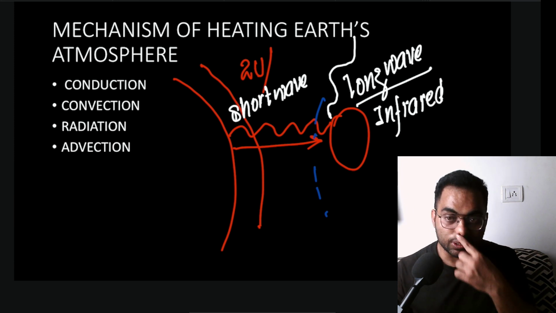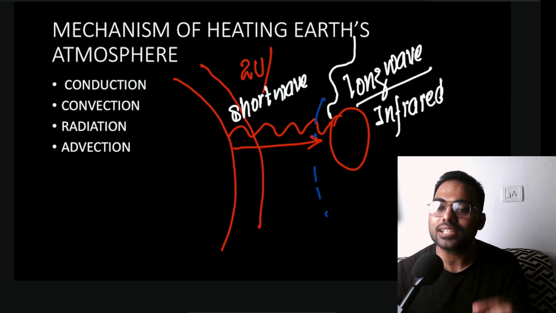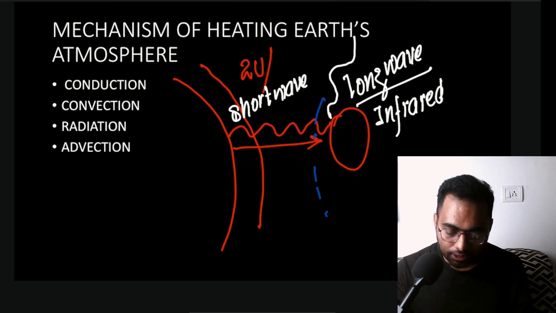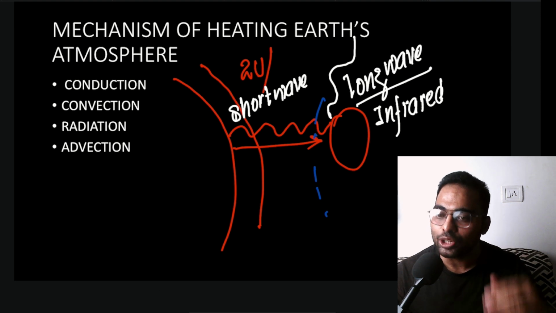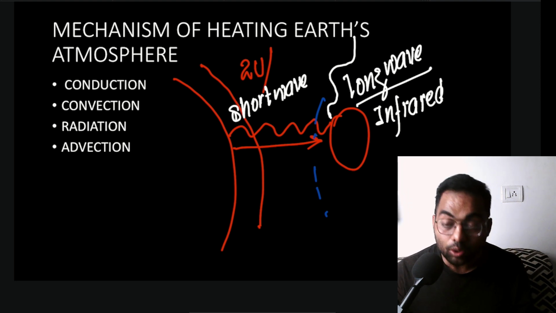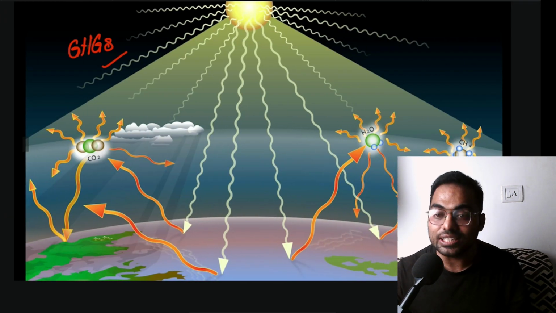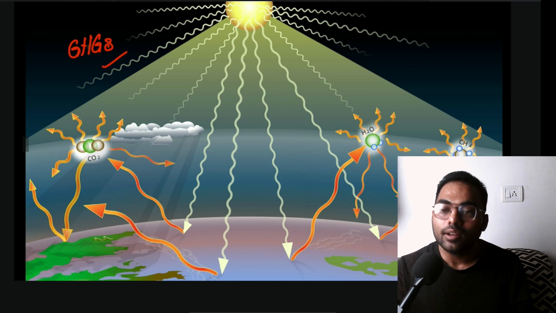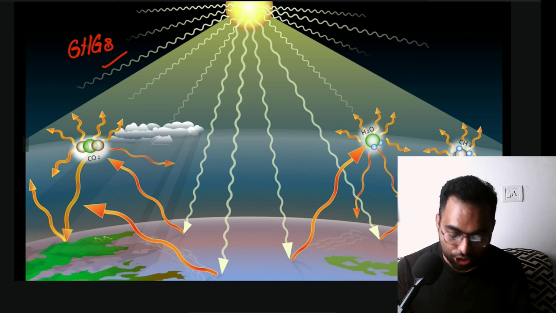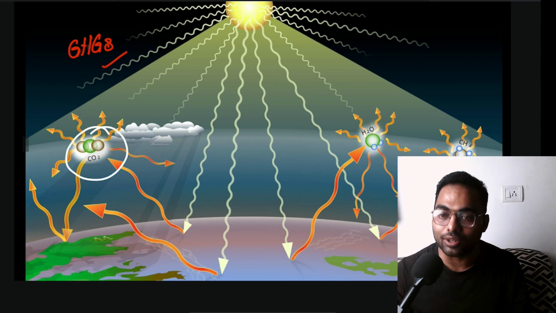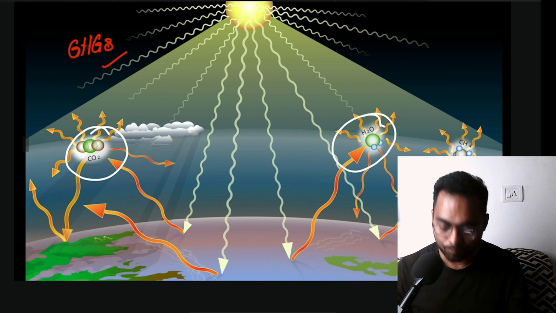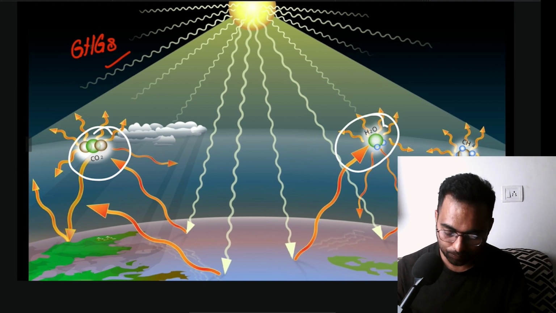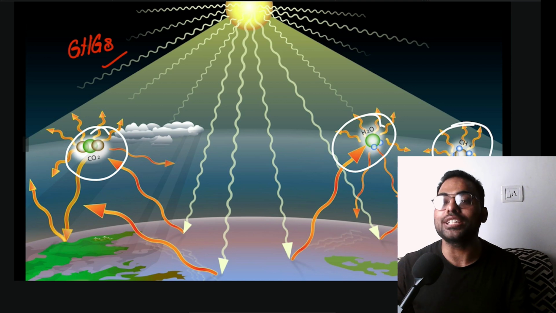All right. So this infrared radiation has lesser energy, right? Now this is being radiated back, and as it has lesser energy, it will be trapped by greenhouse gases such as carbon dioxide, water vapor, and methane. It will be trapped because of the lesser energy.